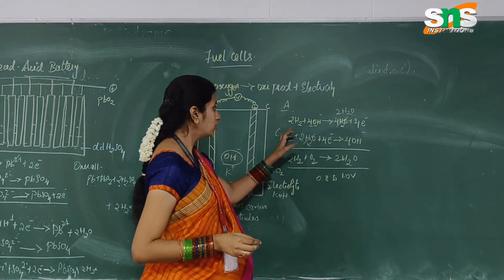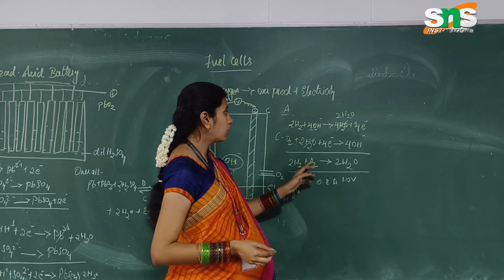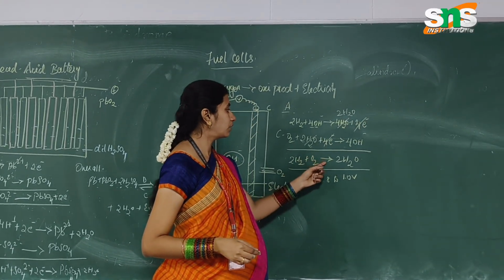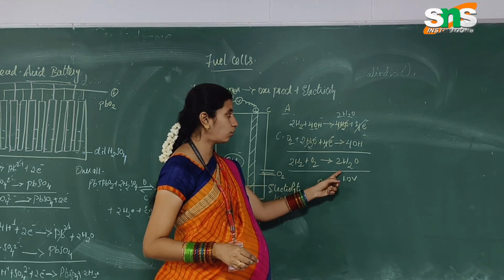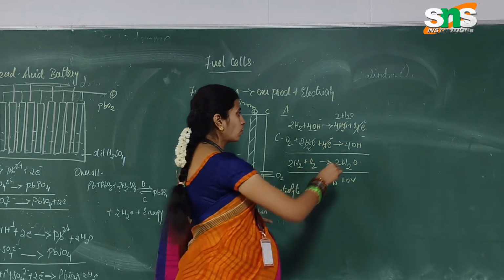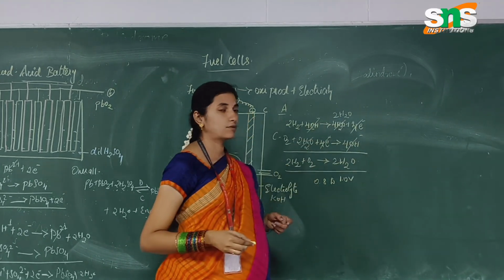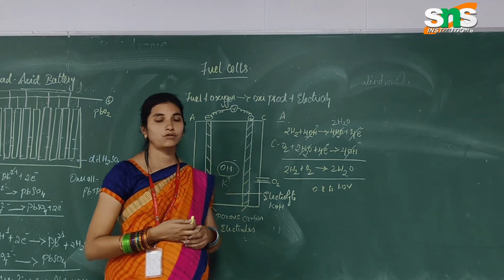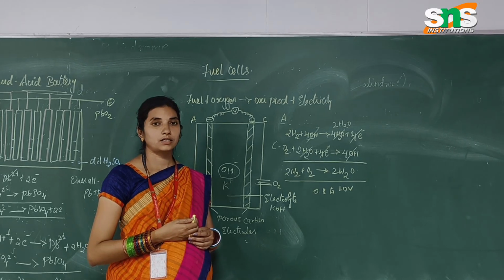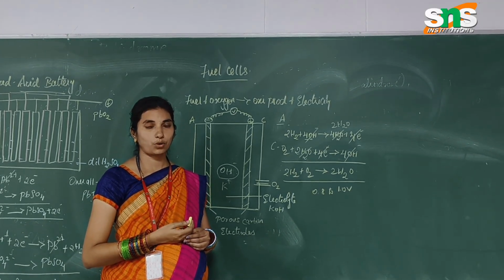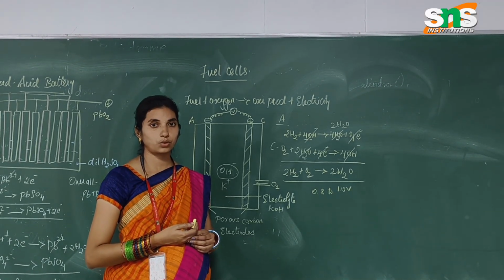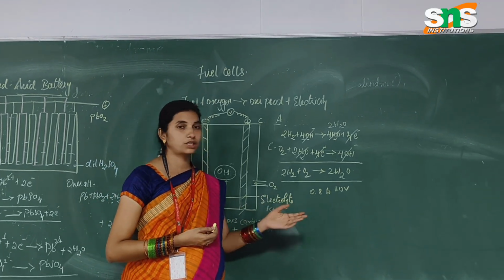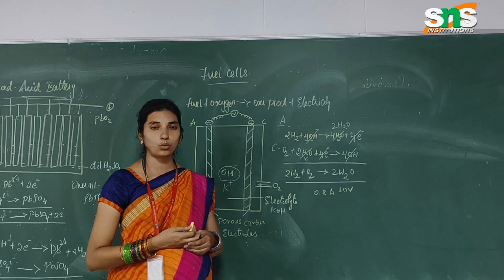So the fuel cell runs with oxygen and hydrogen as reactants, and with this oxidation product we get energy as voltage. The flow battery produces voltages of 0.8 to 1.0 volts.